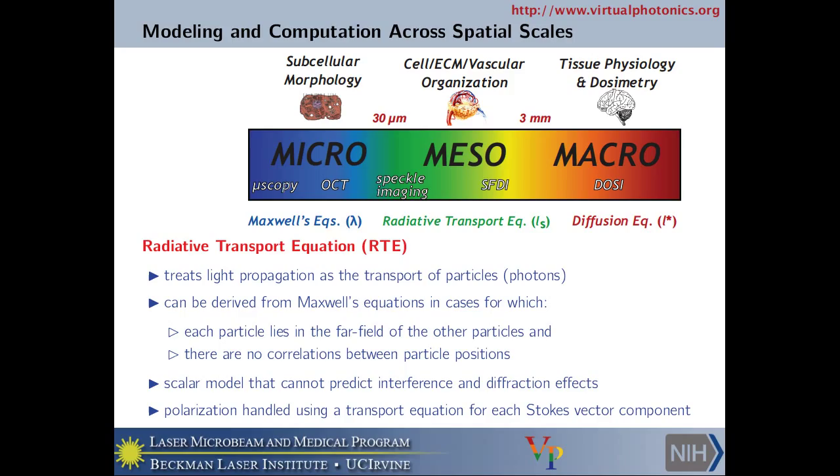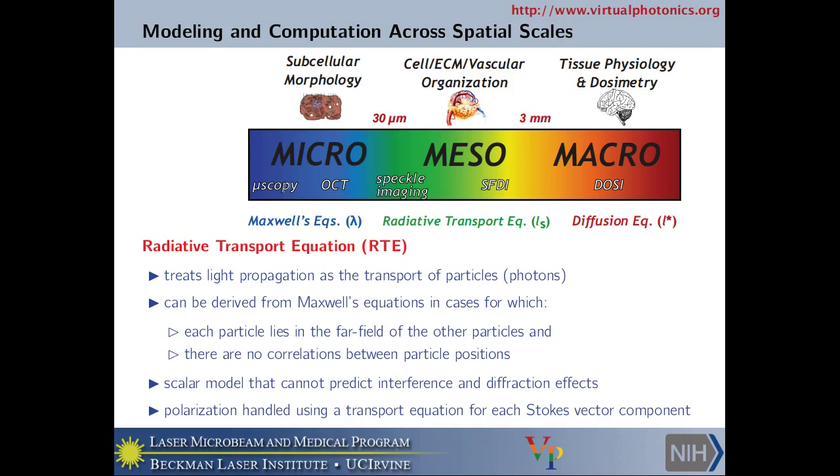So we're interested in modeling light transport in turbid systems that scatter. And so in a strict sense, in a medium that is deterministic, that has structure, you're going to have scattering particles that are distributed throughout the tissue. And the radiative transport equation, in some sense, takes a view that you have distributed scatterers at point locations throughout the system.